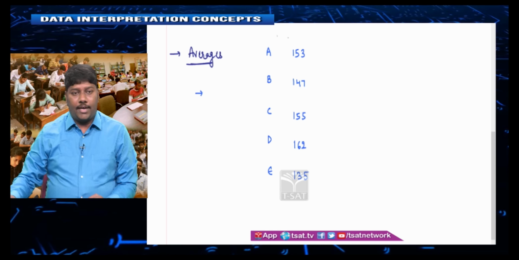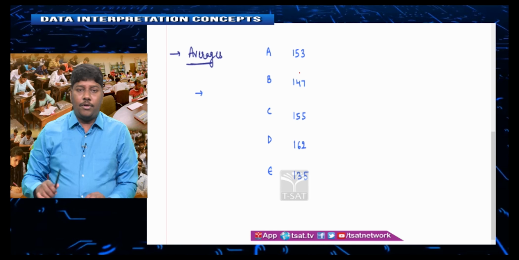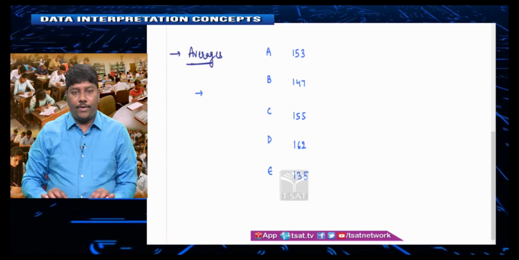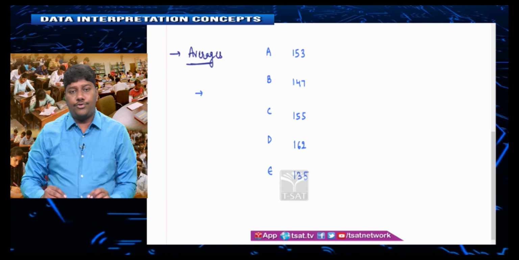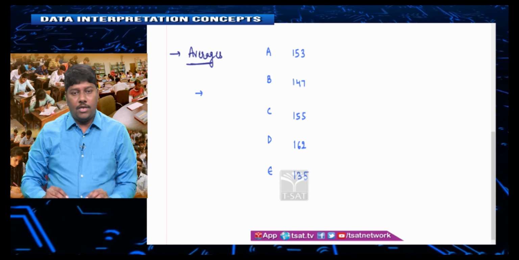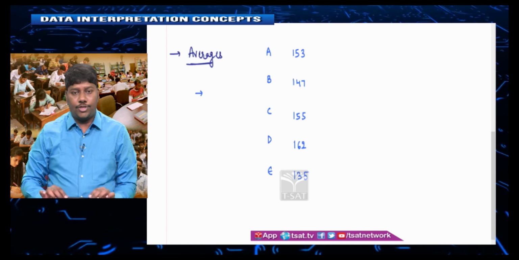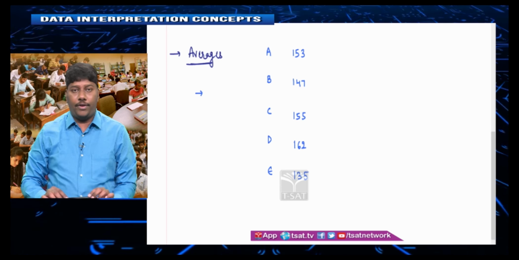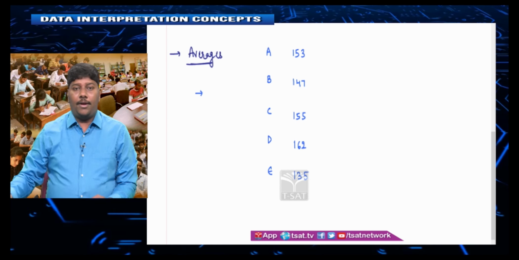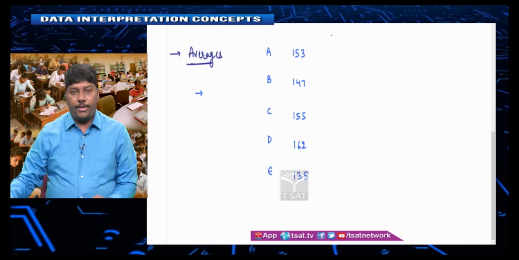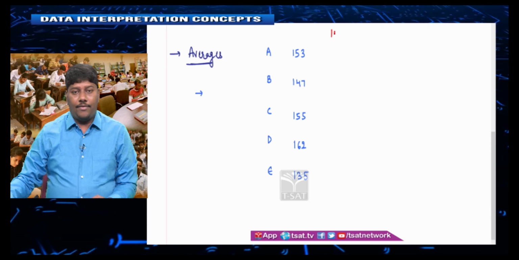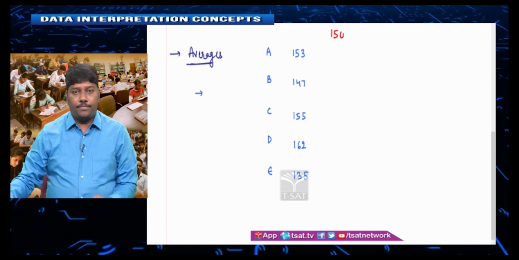So I'm assuming the data: 135 is the minimum number given, 162 is the maximum. Take any round figure in between 135 and 162 so that you can easily do it. I'm assuming it as 150. Let the assumed average be 150.